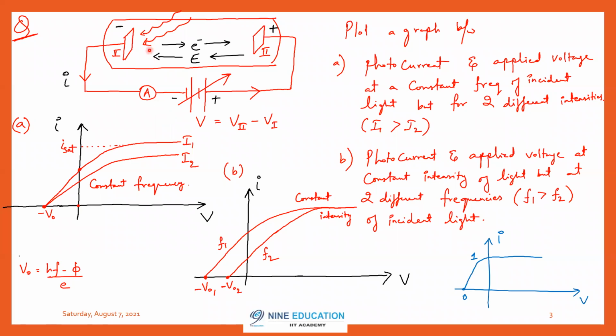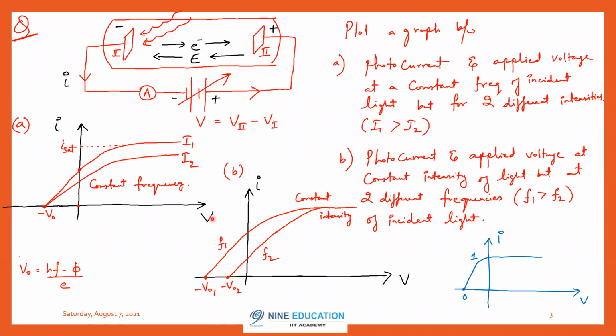For that, the explanation is that all the electrons coming out of plate 1 may not reach plate 2, because different electrons will have different energies. Some with more kinetic energy will reach plate 2, some with less kinetic energy will stay there only, moving around like this. So if you increase the potential, you are giving more energy to those electrons with less kinetic energy, so those electrons can reach plate 2.